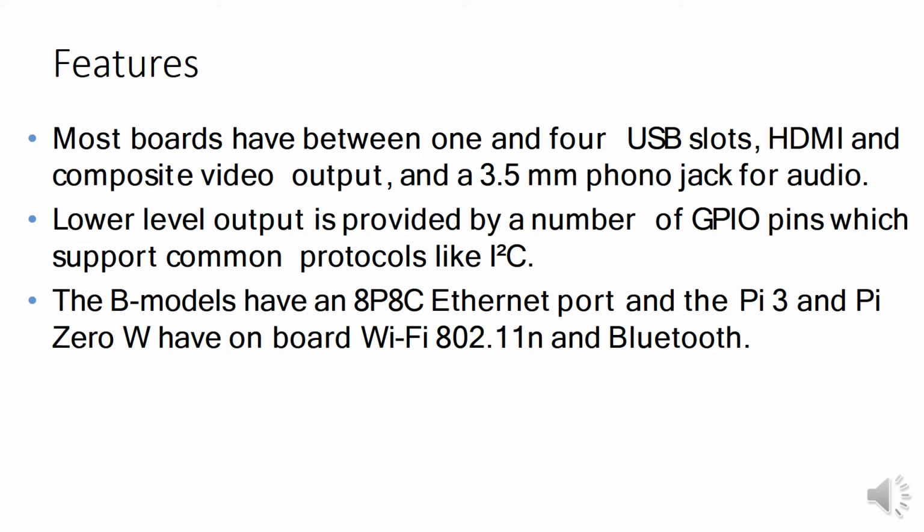Now let me tell you about the features available. One is the USB slots, which nowadays are in the range of 1 or 4 slots. Then the HDMI and the composite video output, and different variations are available based on the link with the designed processors, and various Ethernet ports we engage, because to transfer data from one chip to another processor unit, we need Ethernet ports.